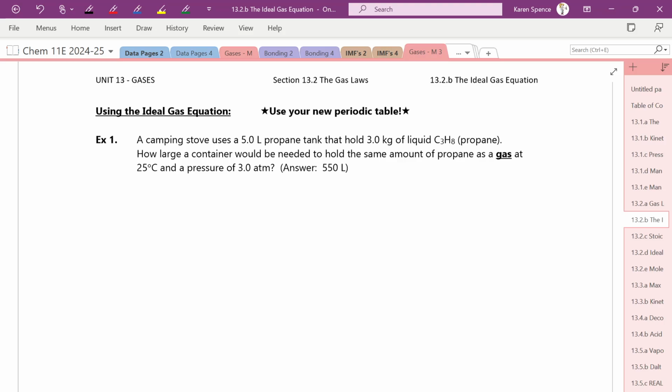Okay, so here we have using the ideal gas equation, and you are going to use your new periodic table, which has 2 decimal places for the masses.